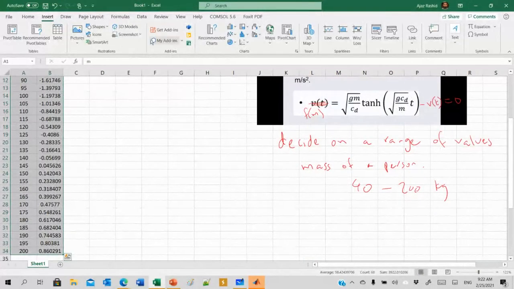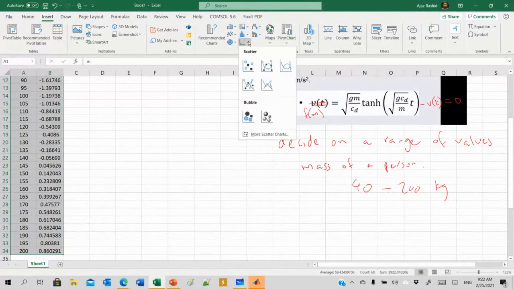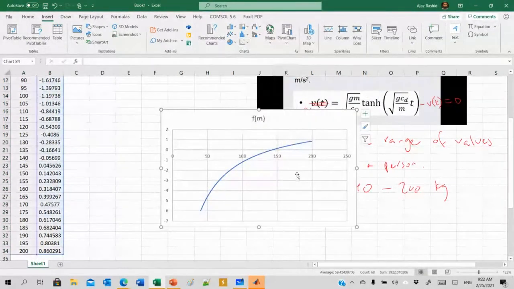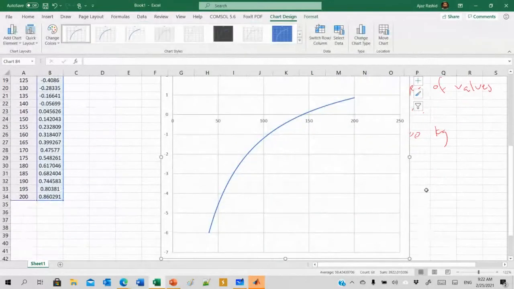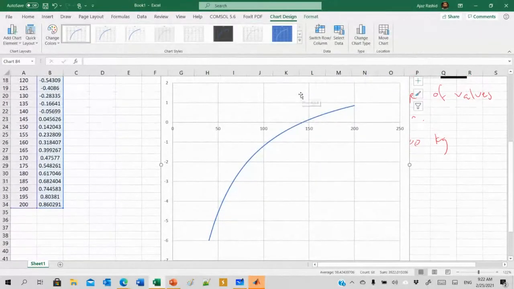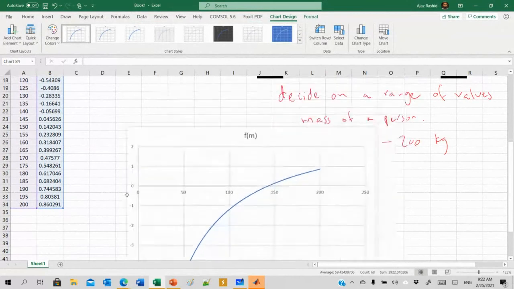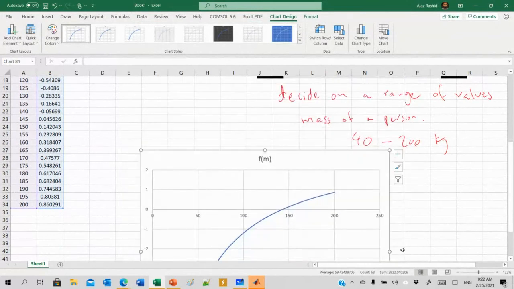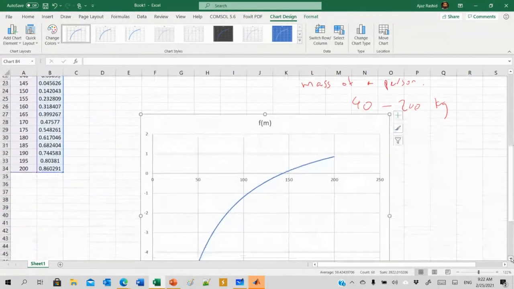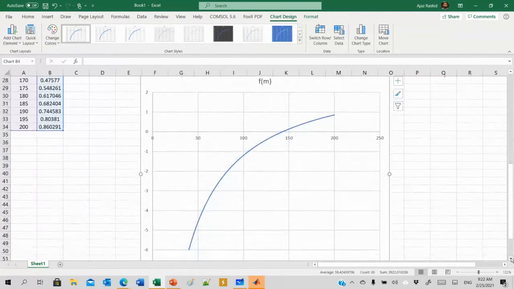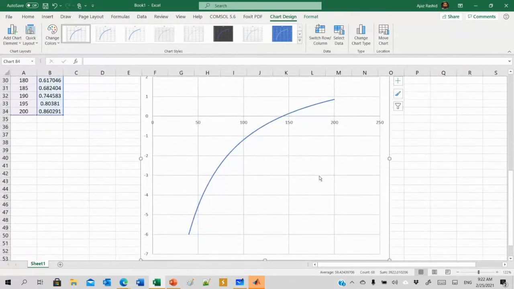So this is quick plotting in Excel. So I have my plot in Excel. I have my mass values here on the x-axis, and this is the function value.